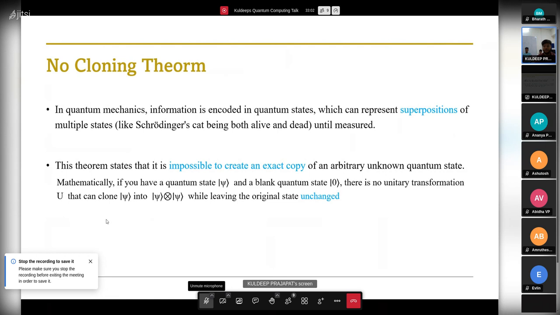We will get to know what a unitary transformation is in other talks, but for the time being, it is some kind of operation. So you can't do any operation on the psi to get its clone while leaving the original state unchanged. You can't make a copy of this quantum information. If you try to, it will change the information.